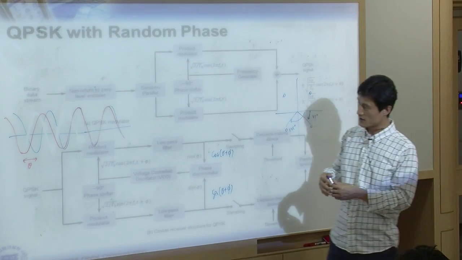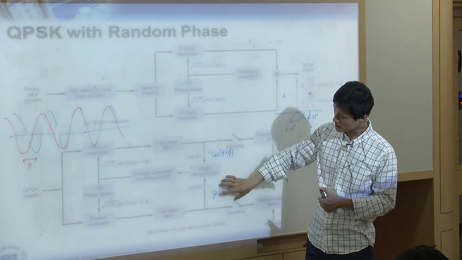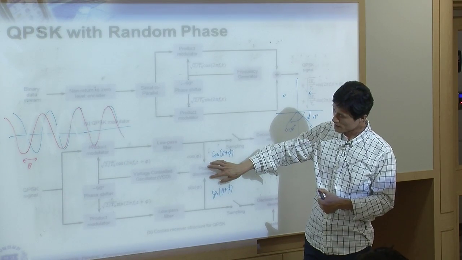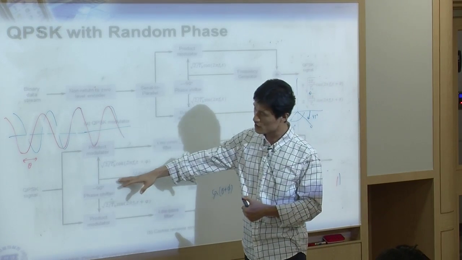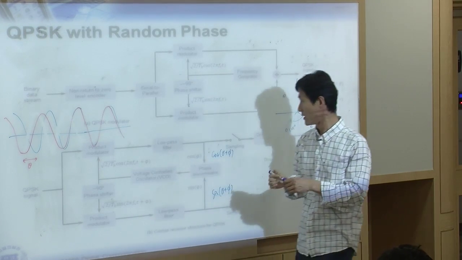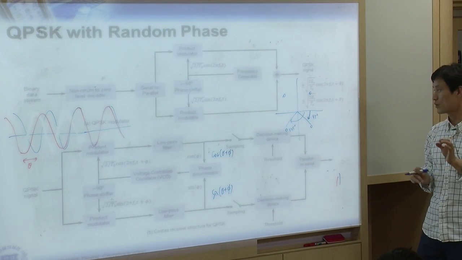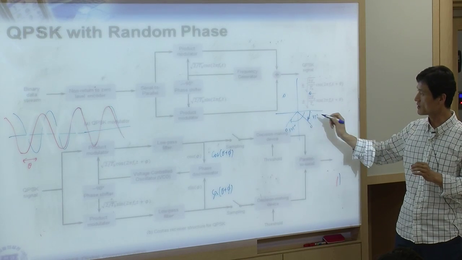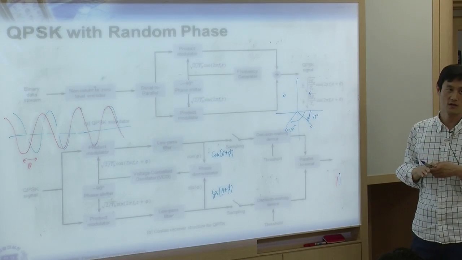But the idea here is, in QPSK also, you can combine these two and find out the phase difference. And based on the phase difference, we can change the frequency in order to catch up. But in this case, we don't want to get phase 0. We want to get one of these phases, maybe 45 degrees or 135 degrees. So that's what we want.